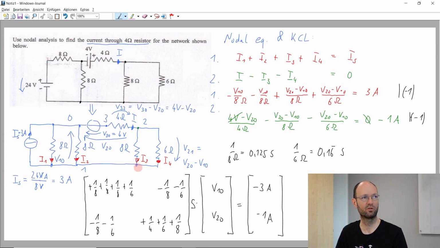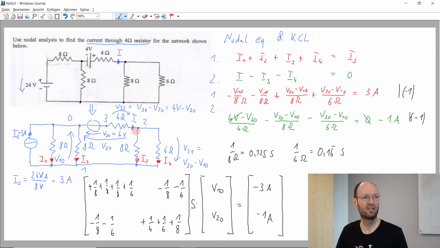And on the off-diagonal elements, we have, let's say, the coupling conductances between two nodes, and between node 1 and 2, we have these two. And they were always minus, so this totally makes sense. And on the first node, we have this source connected, flowing away from this node. That's why it's minus. And at this node, we have this source connected with this resistor. 4 volt divided by 4 makes this 1 ampere.